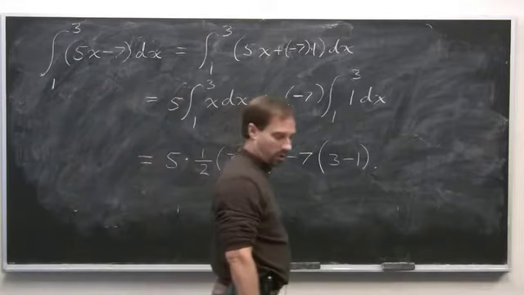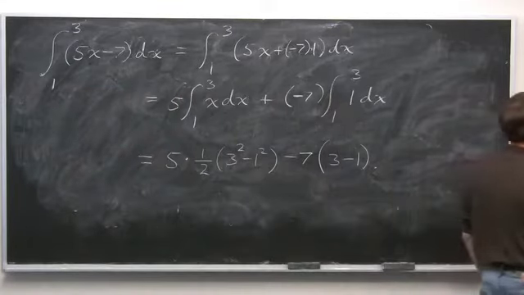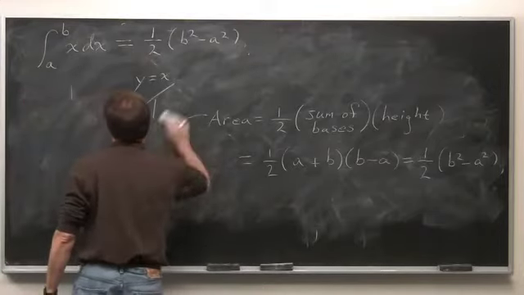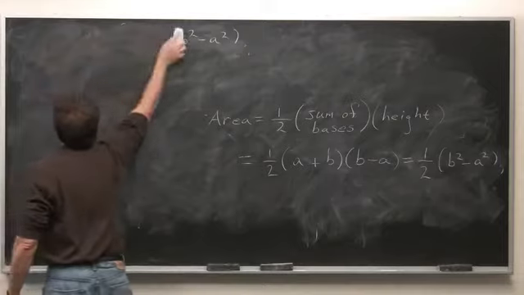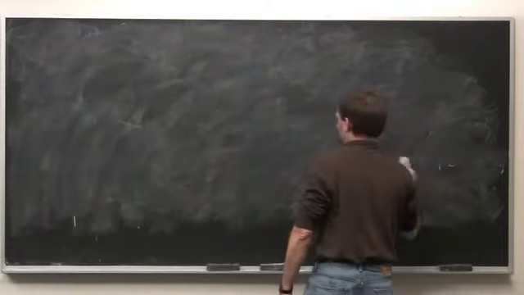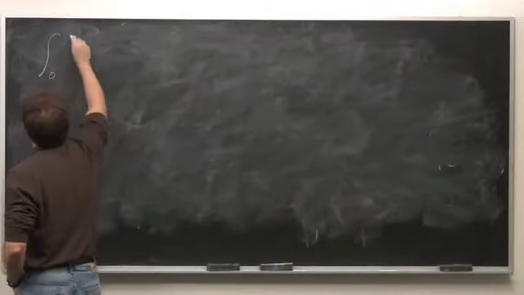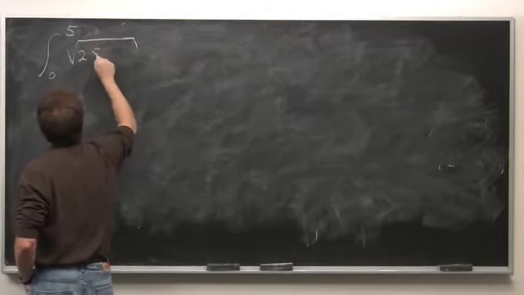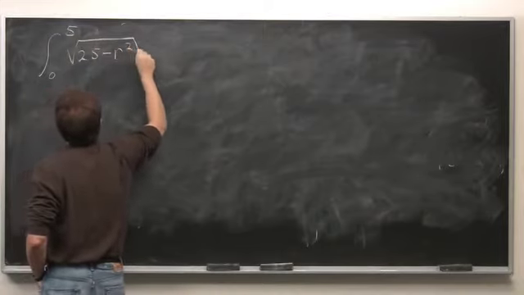All right. What about something that looks a lot worse? What is the definite integral from 0 to 5 of the square root of 25 minus r squared dr?